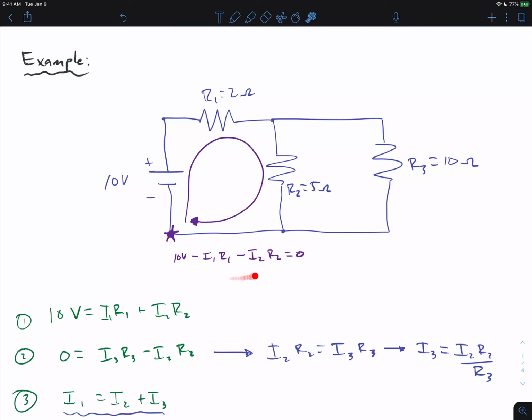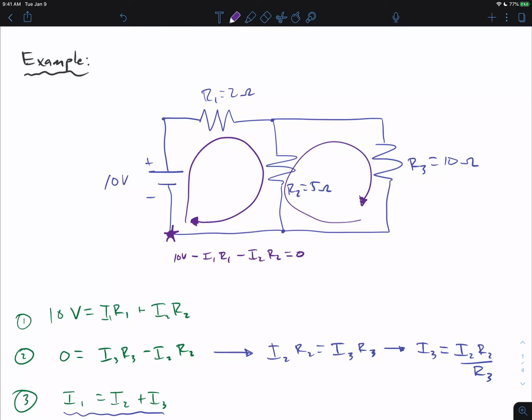When you sum all of these things together, it has to equal 0. All I did is go across the battery, 10 volts, go across resistor 1, take away a little bit, go across resistor 2, take away the rest, and it should be 0, right? The other thing is that we can make a loop right here.